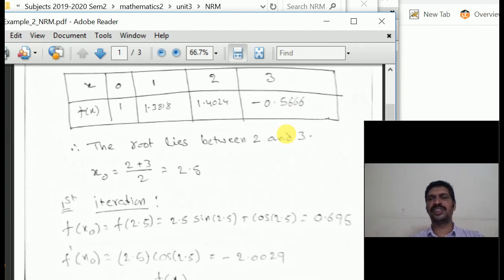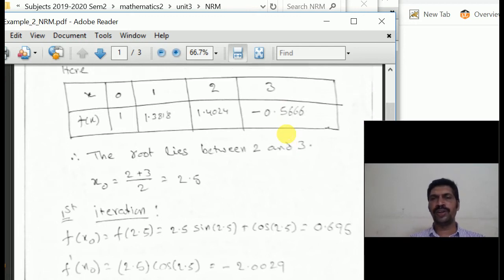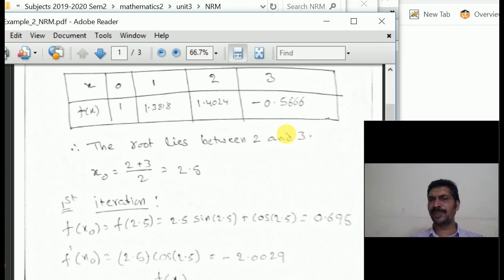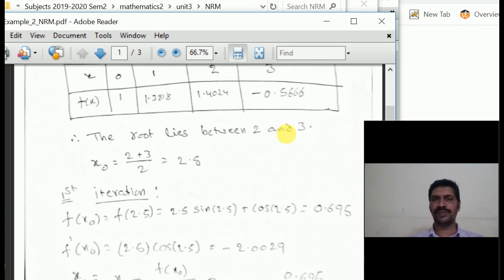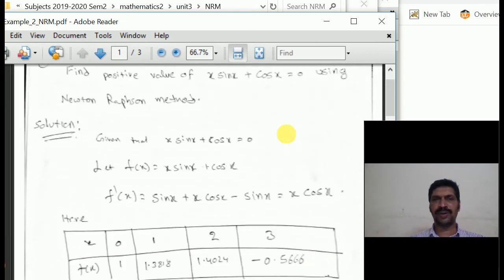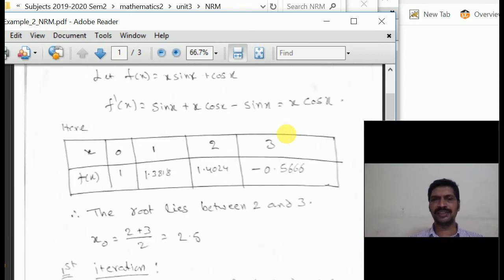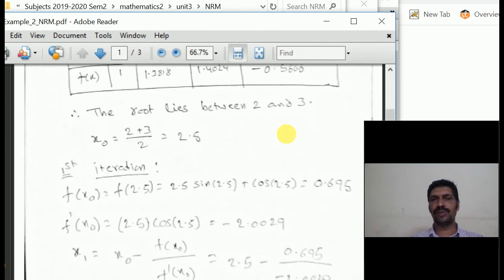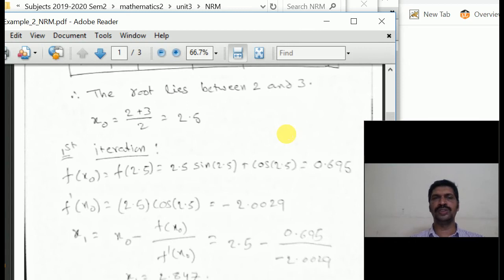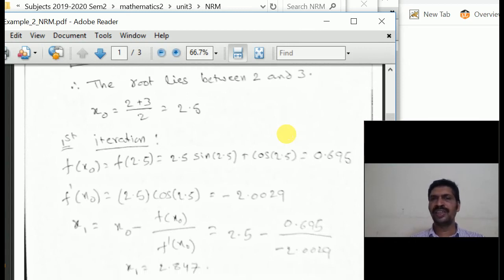In the first iteration, f of x naught equal to f of 2.5 equal to 2.5 into sin of 2.5 plus cos of 2.5, 0.695. f dash of x equal to x cos x. This is the formula for f dash of x, x cos x. f dash of x naught equal to 2.5 into cos 2.5, which is minus 2.0029. Using those values, f of x naught and f dash of x naught, we will compute the x1 value.